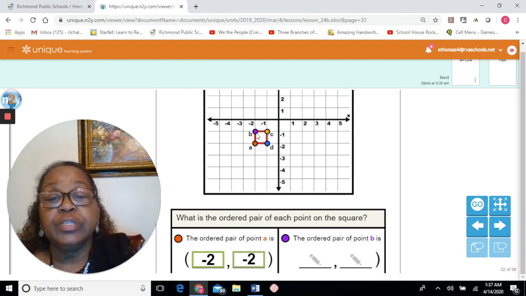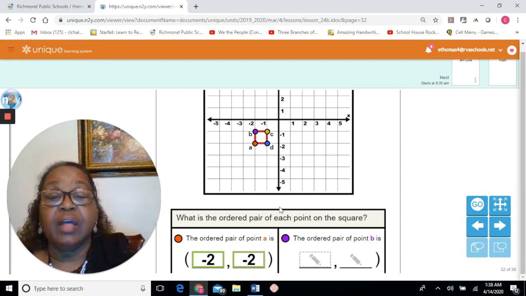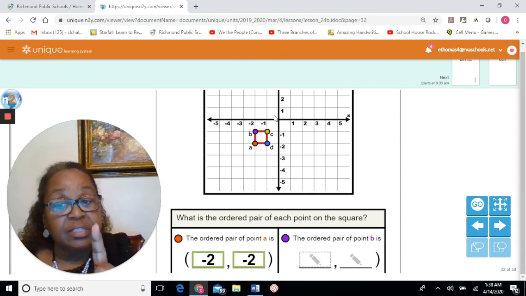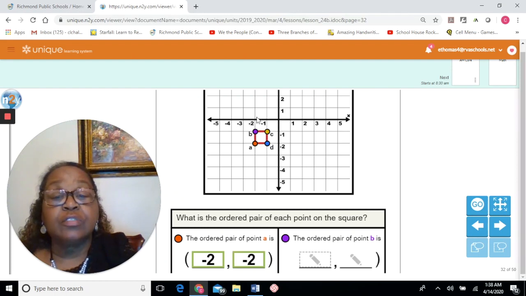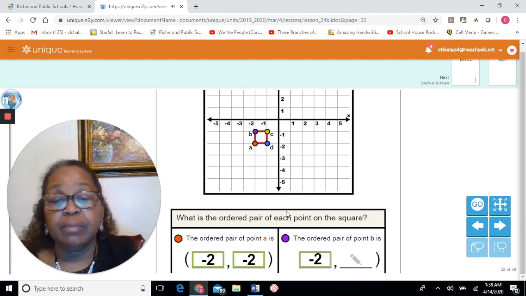All right, let's look at this purple. I want to call it purple. Yes, it is purple. Let's find B. The point is B. They gave it a name, B. And we need to find the ordered pair for us. Let's see if we can find the first one. So the x-axis first, and the x-axis for B is also a -2. Let's see if we got it right.